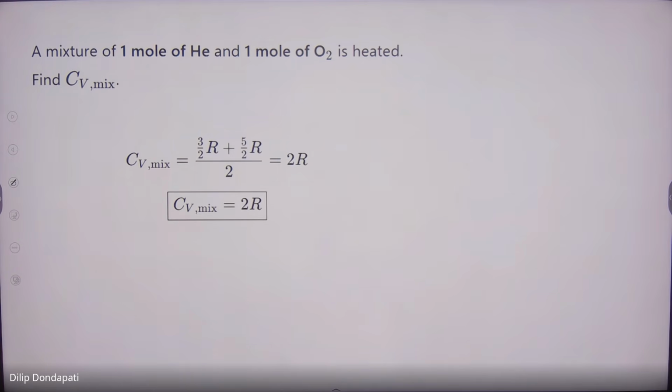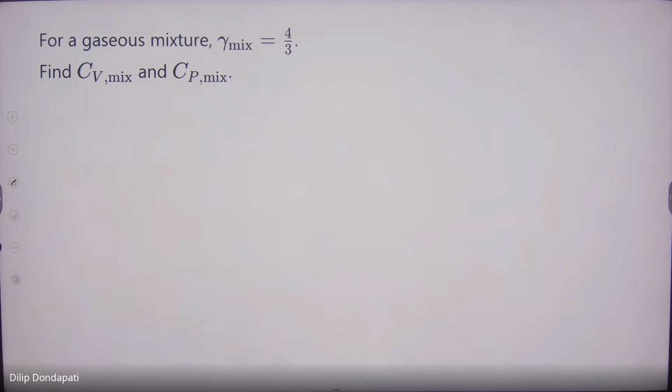आया क्वेश्चन. N1 CV1 plus N2 CV2 by N1 plus N2. For a gaseous mixture, gamma mixture is given to you. सीवी मिक्सचर चाहिए, सीवी मिक्सचर चाहिए. Okay.